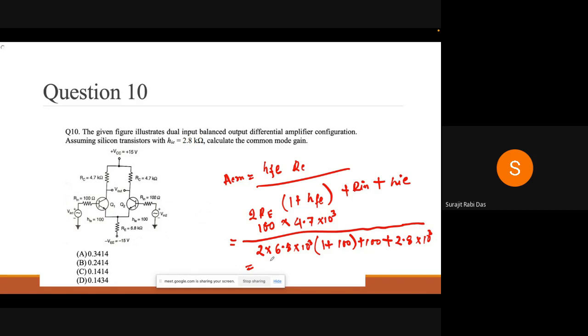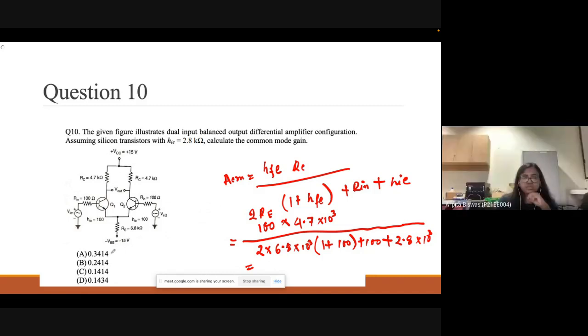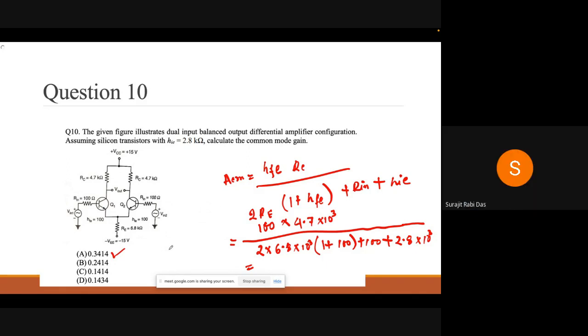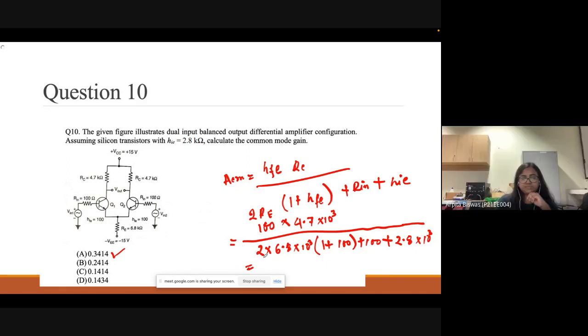So you can approximate it as almost RC by 2RE. Is that approximation good? In both cases the answer is coming near 0.3414. If it is very much larger than the other part, then you can neglect it.